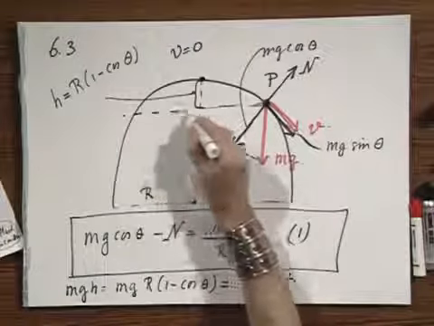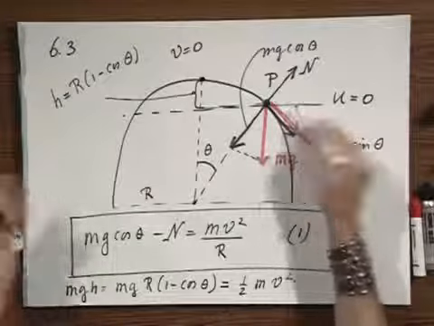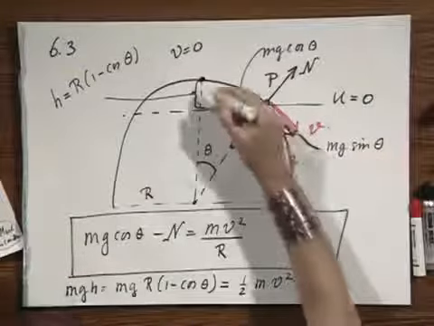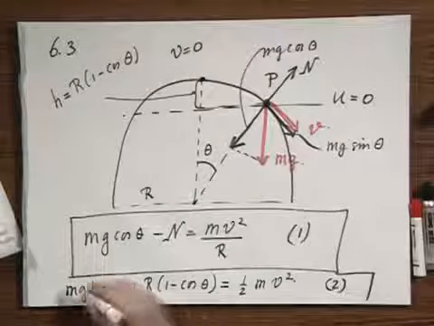What I have effectively done, I have effectively called u here 0. But it's irrelevant where you call u 0, because it's only the difference that shows up. And this is equation number 2.